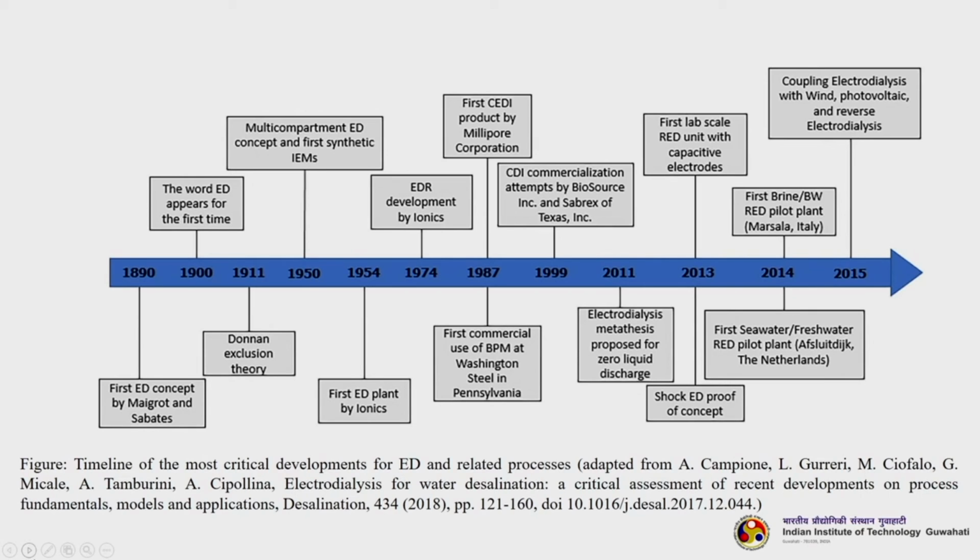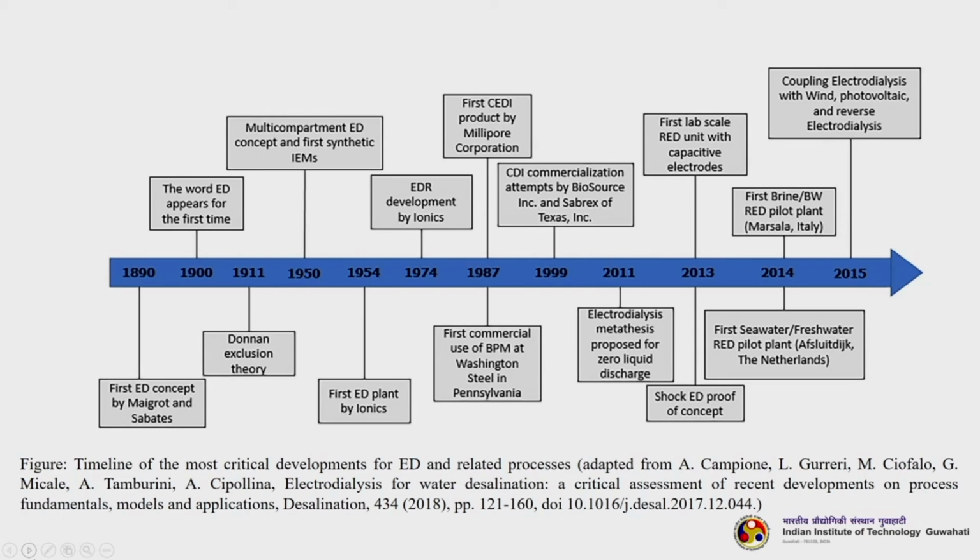Then after a huge gap of almost 40 years, the multi-component electrodialysis concept was introduced and the first synthetic ion exchange membranes were fabricated. Then in 1954, the first ED plant by Ionics was established. In 1974, after a gap of almost 20 years, EDR was developed by Ionics. Ionics is the company which manufactures ED plants.